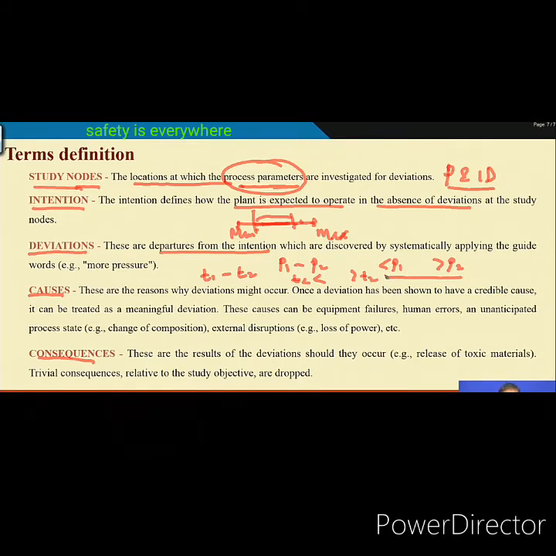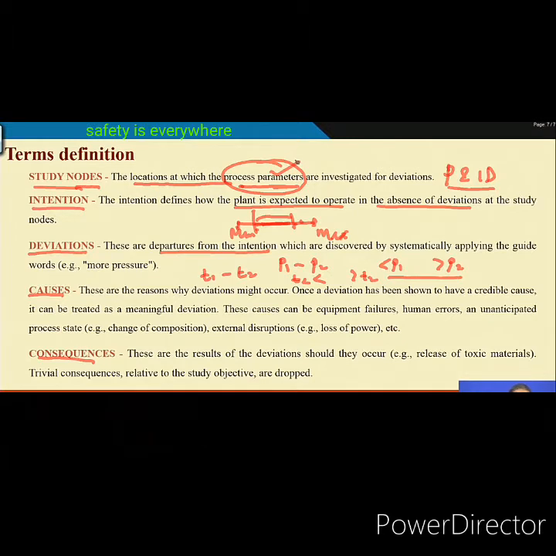Okay. So, this deviation is determined in HAZOP study using process parameters and some guide words. What the commonly used process parameters and guide words are, we will be discussing next.